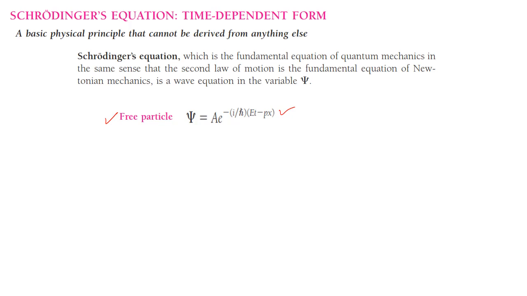This expression basically describes a free or unrestricted particle on which no force is acting, whose total energy is E and whose momentum is p, and this particle is moving in the positive x direction.